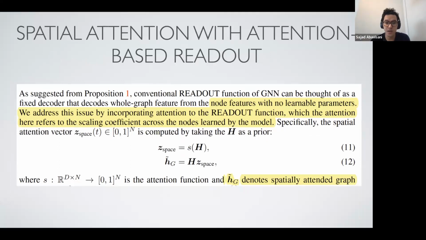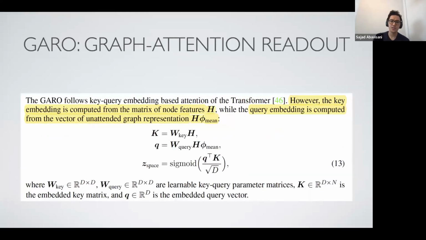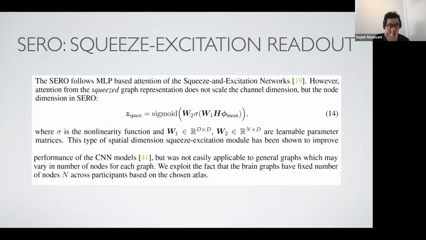This is just what I said, where they're finding reasons why we need attention here, as I showed in that picture before. Instead of being able to only construct one point with two bases, we want to have the freedom to choose any point in that space. So that's how attention is helping here. And there are two methods, this GARO and SERO.